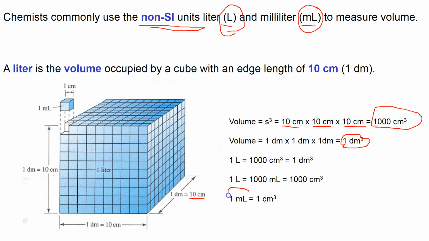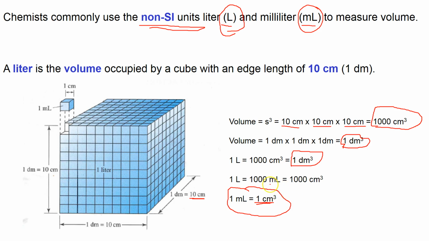Now, we have this other quantity here, which is the milliliter, and a milliliter is exactly the same size as 1 centimeter cubed. So we can also say that 1 liter is equal to 1,000 milliliters, which is equal to 1,000 centimeters cubed, which is also equal to 1 decimeter cubed.